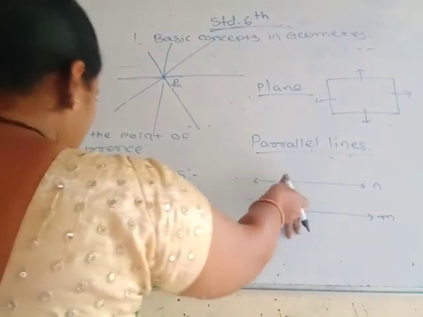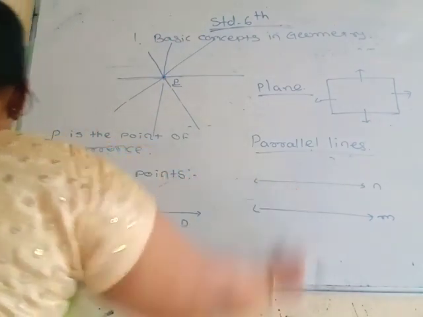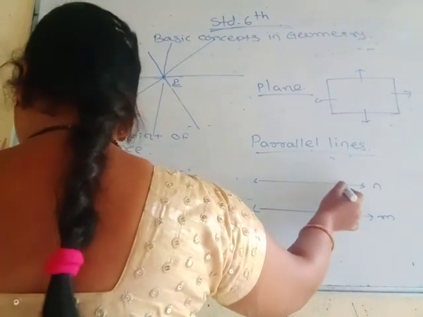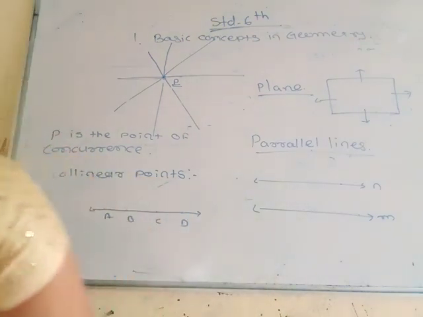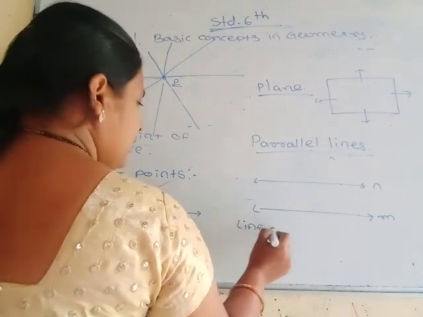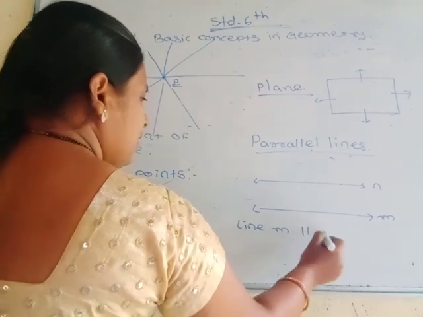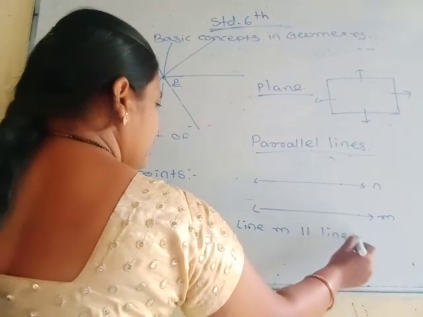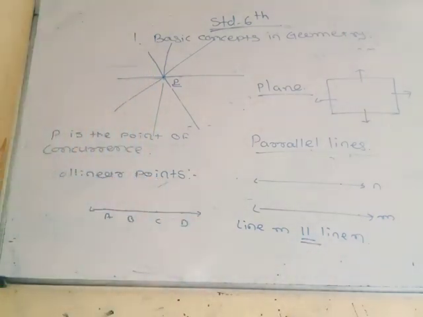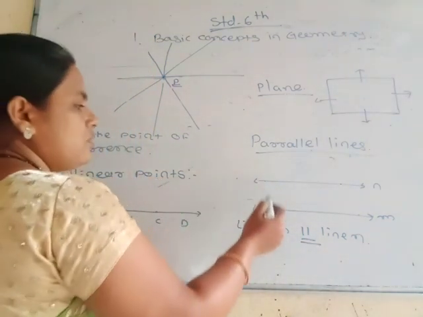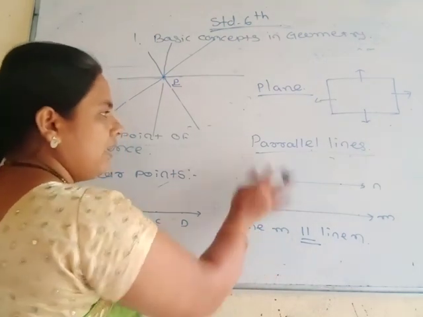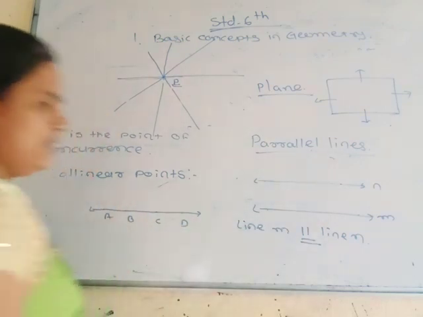Line M is parallel to line N. This is the symbol of parallel lines.